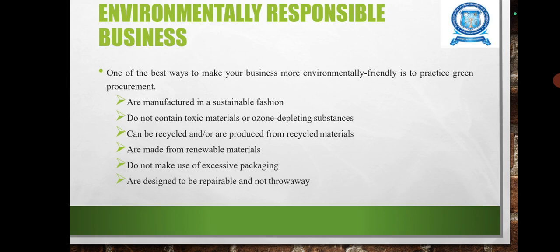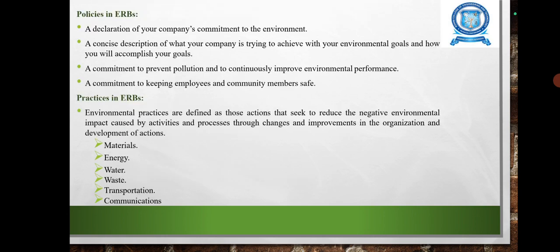Using local suppliers rather than those located far away is a good place to start. For example, goods manufactured in a sustainable fashion do not contain certain toxic materials, can be recycled or are made from renewable materials. Do not make use of excessive packaging. Next we are going to see the policies in ERB.